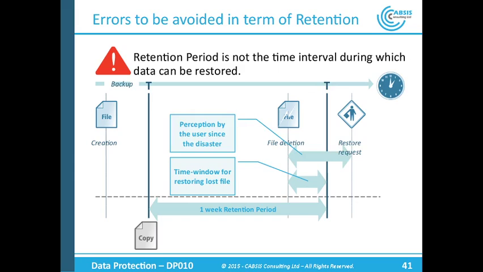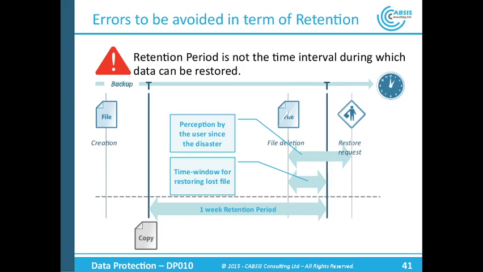And the other problem is that the perception by the user since the disaster is different from yours, because the user knows that the file has been deleted on Friday, you are now on Monday, so it doesn't mean 1 week. And moreover, you have been asked to keep the data for 1 week. So you can see in this example that between Friday and the next Monday, it is less than 1 week.